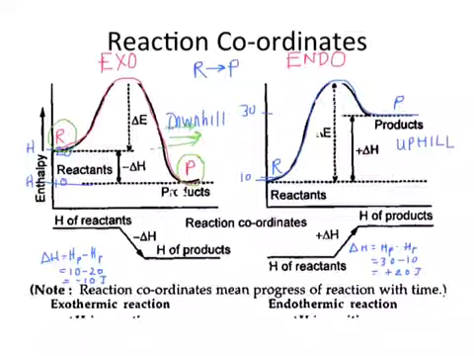Whereas in an endothermic reaction, the energy of the reactants is lower than the energy of the products. In order for the reactants to form the product, it must find energy in order to get over the hill to make the products. Thus, it is taking energy in from the surroundings and thus endothermic.